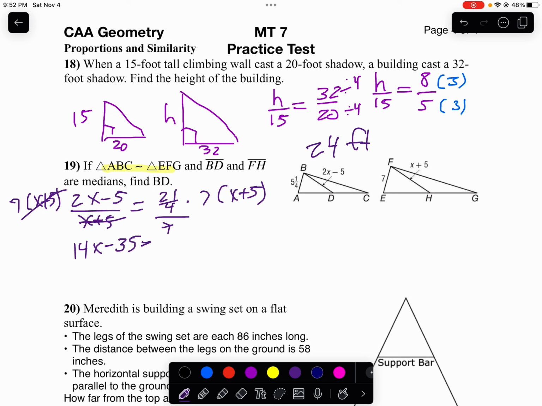On the right hand, my 7's reduced, so I'll get 21 over 4x plus 21 times 5 is 105 over 4. And I think it might be easier just to clear my fractions at this point. It's fine to have fractions when you're multiplying, but now I'm going to have to do some adding. So I'm going to multiply everything by 4 to clear my fractions.